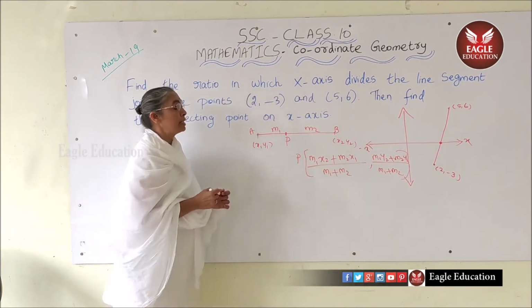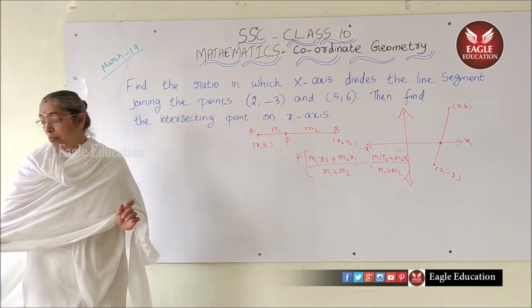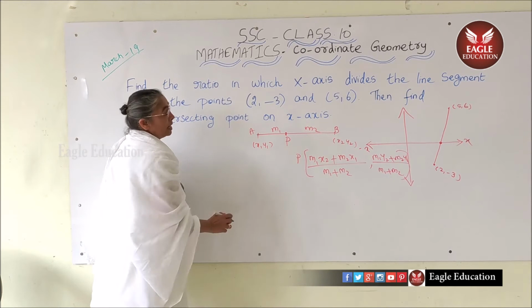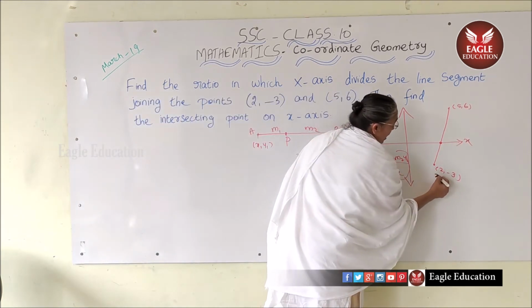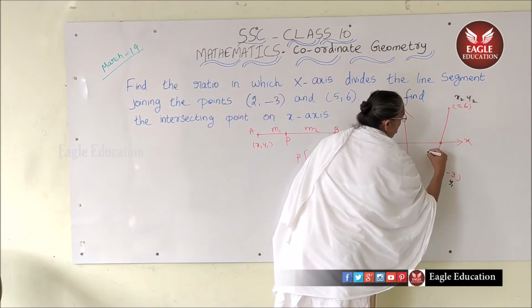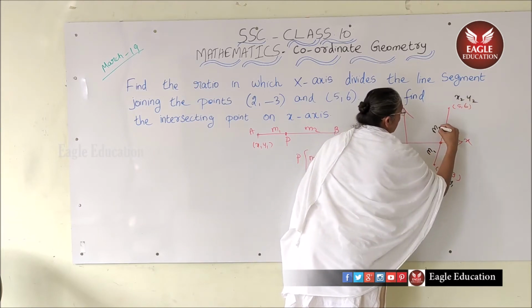So here we will consider the ratio as m1 is to m2, and x1, y1, x2, y2 are given there. So let us mark this one as x1, y1 and this is x2, y2 and the ratio is m1, m2.